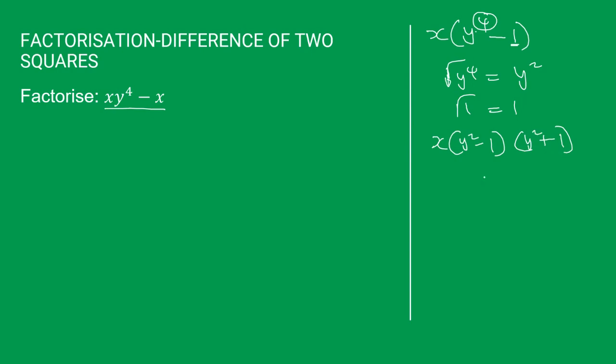Have we factorized fully? No. If you check here, this one can still be factorized further. This is difference of two squares. So square root of y squared is y, square root of 1 is 1. So we have x, y minus 1, y plus 1. And then we add this part, which is y squared plus 1.